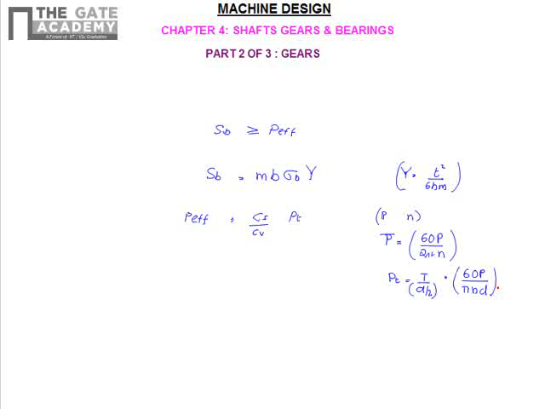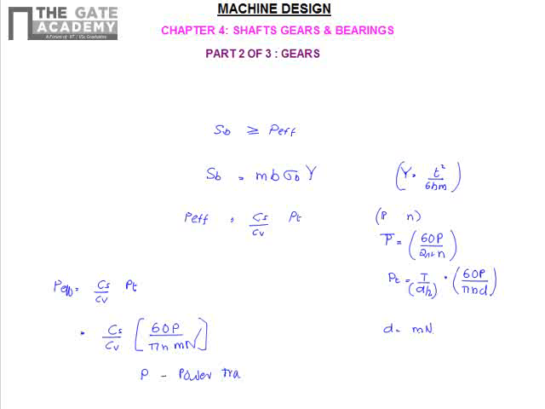And what is D? D can be written as M into N, where M is the module, N is the number of teeth. So we can write P effective is equal to CS by CV into PT, that's equal to CS by CV into 60 P by pi N M capital N. Well, P here will be the power transmitted.